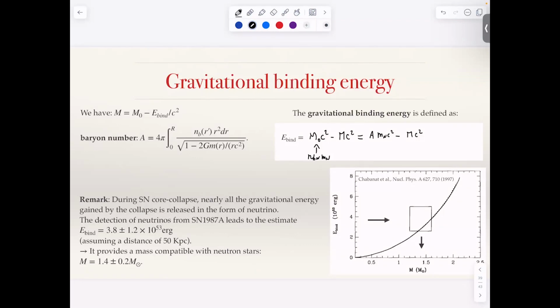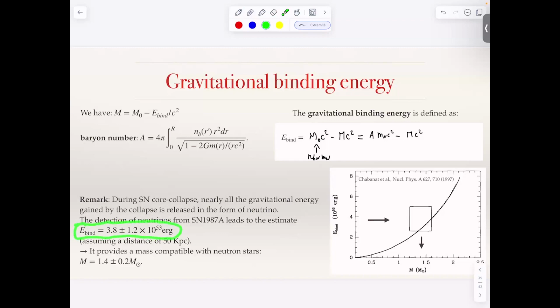You may know that the last core collapse supernova which has been observed was in 1987, and the name is SN 1987A. They released a lot of neutrinos, and from these neutrinos one was able to estimate the energy gained by the collapse, which can be associated to the binding energy of your system.